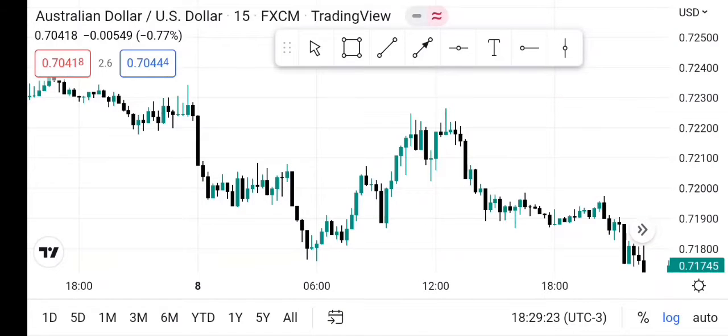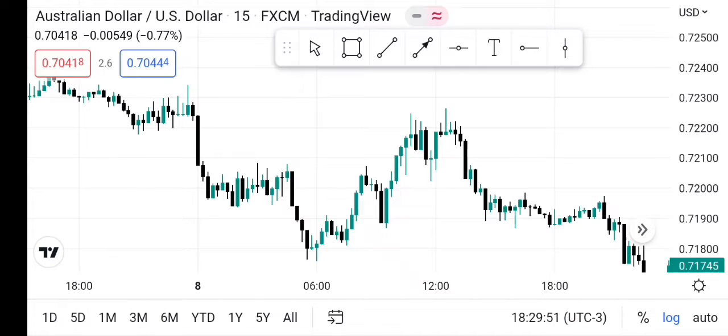Alright, folks, this is the Australian dollar versus the US dollar pair. This is the 15-minute chart. Now, folks, please, I would like to say something. I said in my last video that it doesn't matter the time frame you're on, okay?